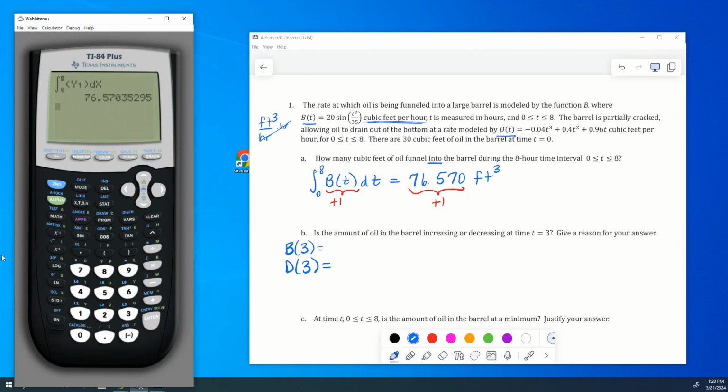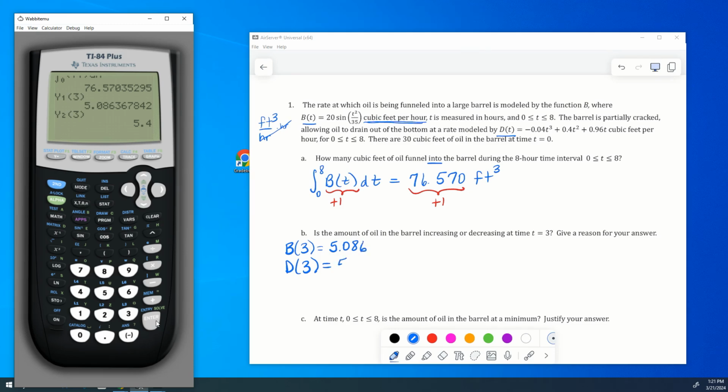So to get those things, of course, I'm just going to go Y1, that was B of 3, and then Y2 of 3, and that would give me D of 3. So I'm going to copy those numbers. Anytime you can get a number, you don't want to say, oh, this one's bigger than this. You're giving mathematical proof because you're not guessing, you're proving.